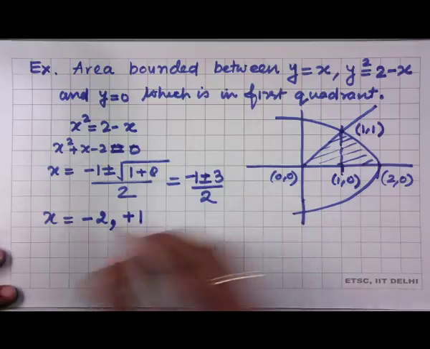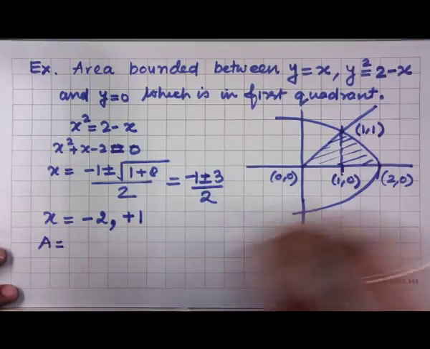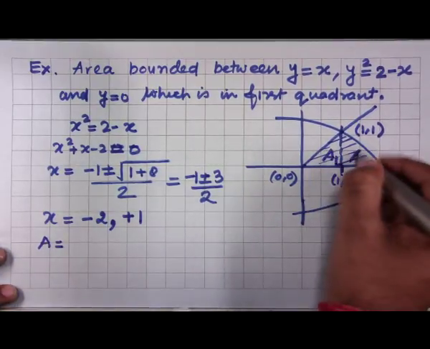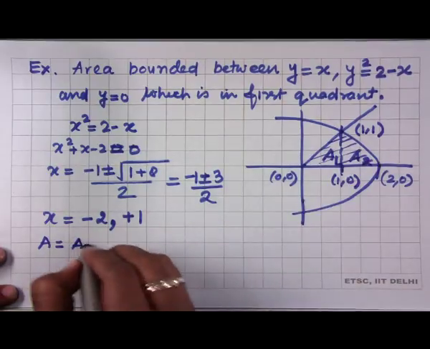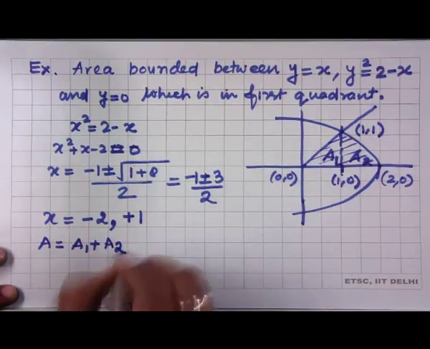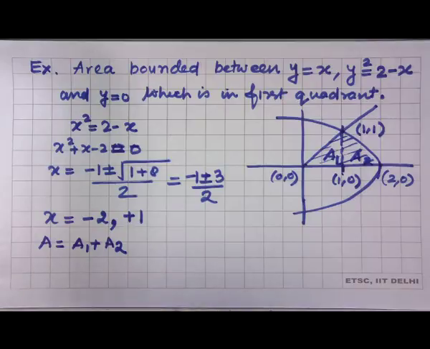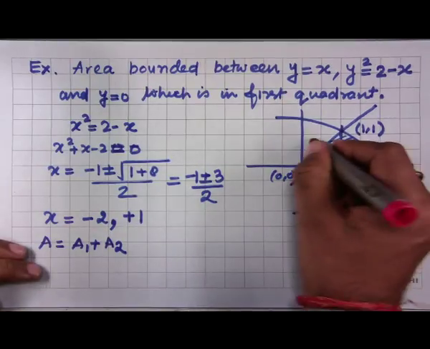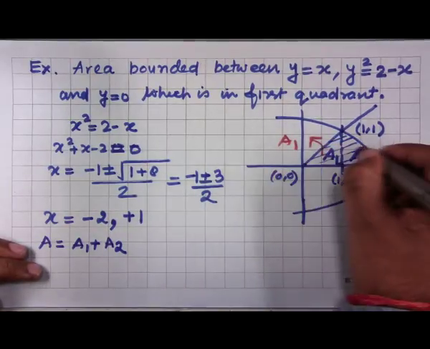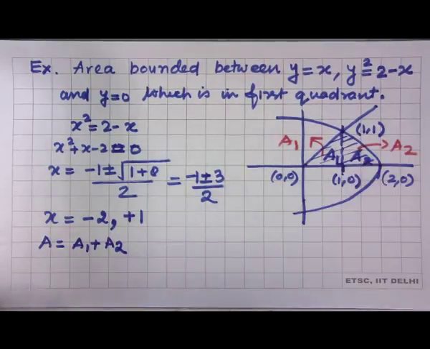So, the total area required is A1 plus A2. A1 is this area, A2 is this area.